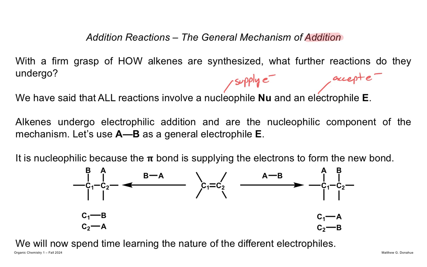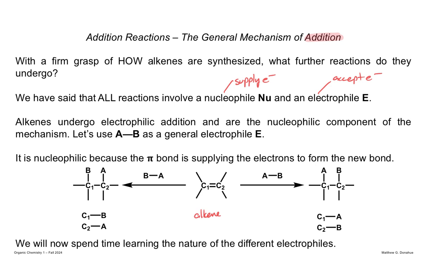And in the generic reaction here, we have the alkene in the middle. Why this is going to get complicated is the alkene can be symmetric or it can be non-symmetric.